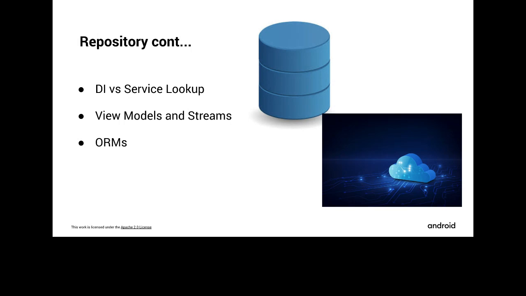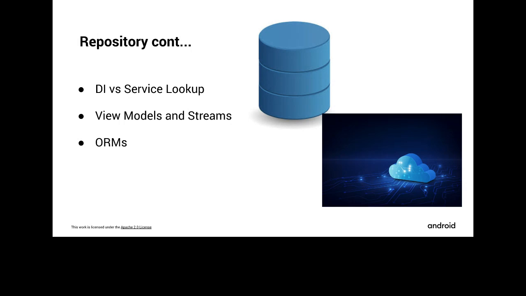A lot of times when you have repositories, you will use dependency injection or service lookup in order to fetch those components when you need them. The naive approach is to take your main activity and dump all your repositories out and have them available to all parts of your app, but that would violate the separation of concerns.